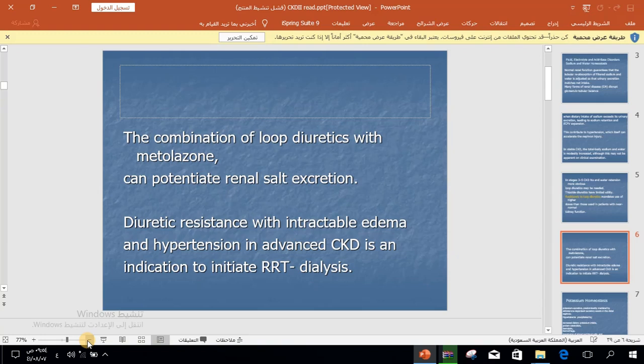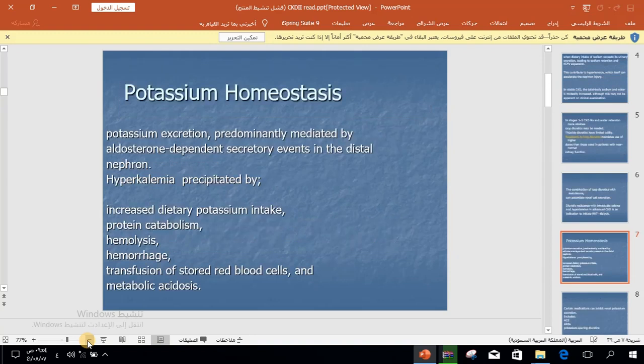To treat this salt and water retention, we need some dietary advice, and at the top of the list is sodium chloride or salt restriction. In case of loop diuretic resistance, if patients still have edema, we sometimes need dialysis to get rid of excess fluid.